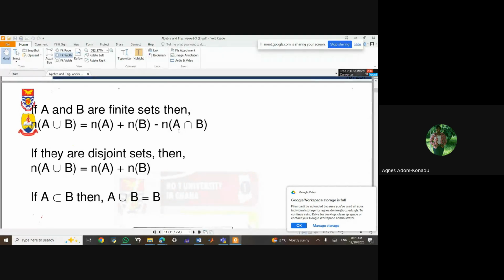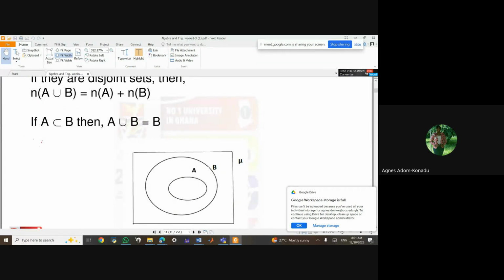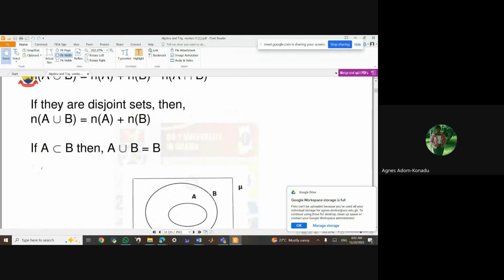Now, if A is a proper subset of B, then A union B will be B. So you can pick two sets: B is A, B, C, D, E, F and A is A, B, C, D. Then you find the union, and you see that the union will be all the members in B.